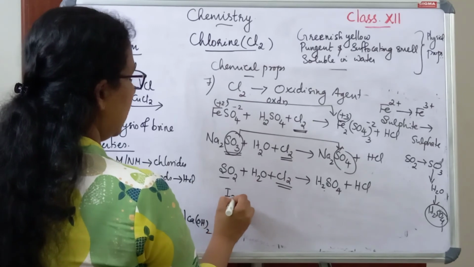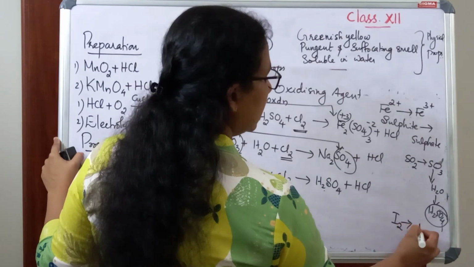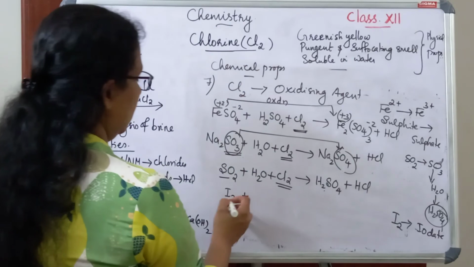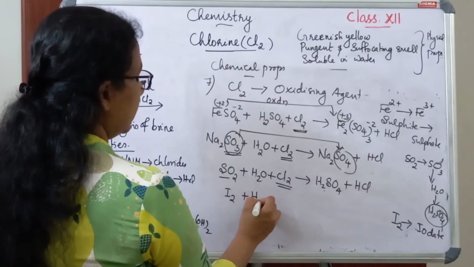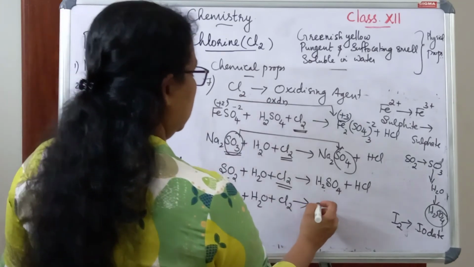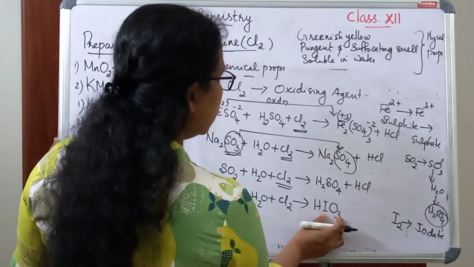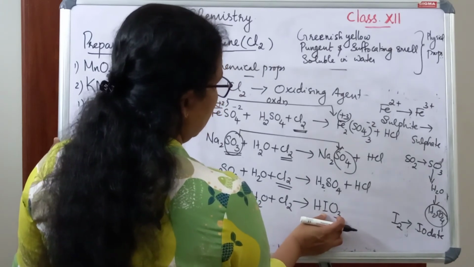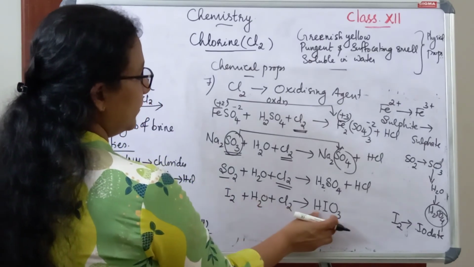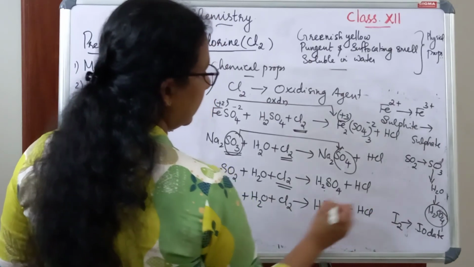Then another reaction is I2. So iodine. I2 changes to iodate. Here also H2O plus Cl2. It will be HIO3. So iodate is IO3 minus. In that case also, that reacts with water to produce this acid HIO3 and HCl.